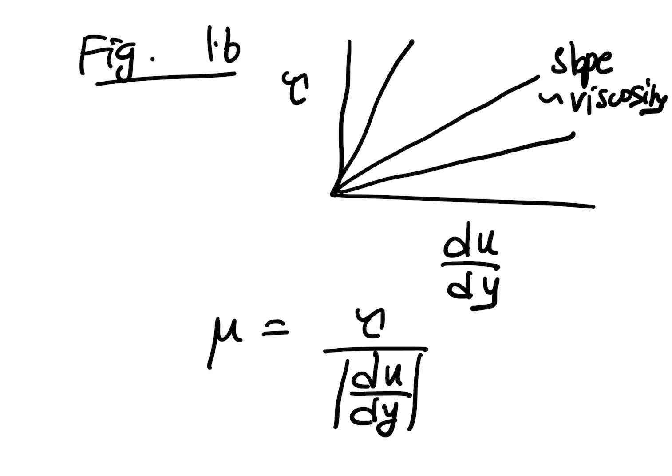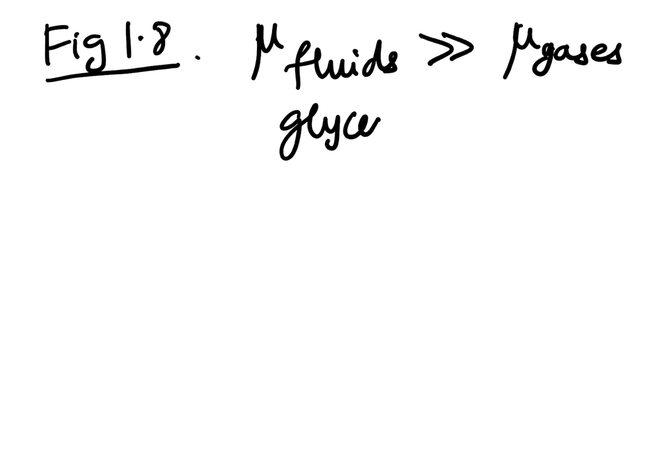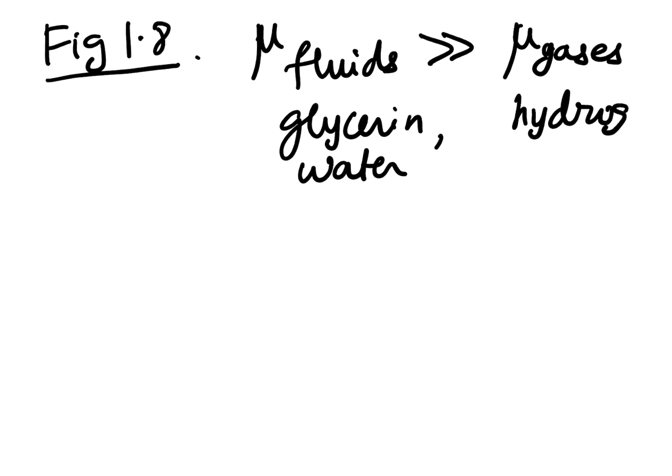So go through figure 1.6, and also figure 1.8, where it is shown that the viscosity of fluids is much greater than the viscosity of gases. The fluids shown include glycerin and water, and gases include air and hydrogen.